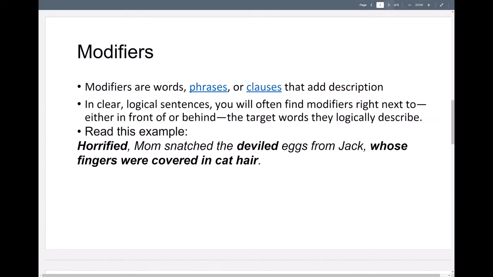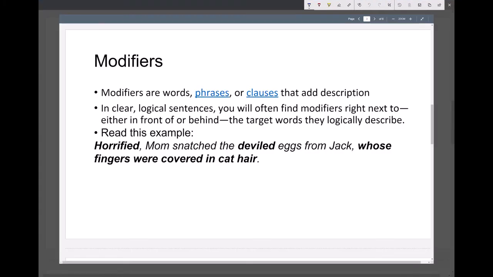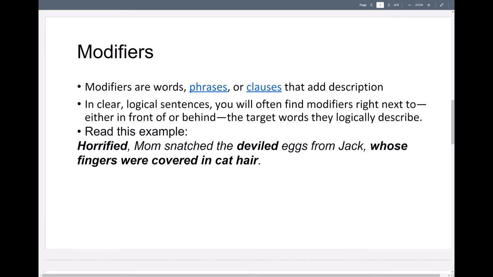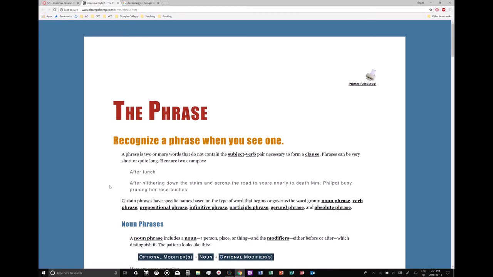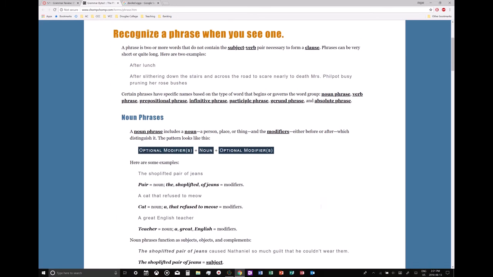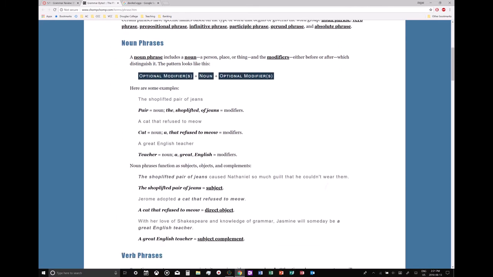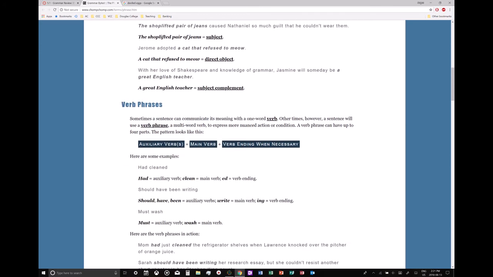To review, modifiers are words, phrases, and clauses that add description to a sentence. So if you're not sure what phrases and clauses are, you can click on these as well. I'll show you what the phrase is and the different types of phrases that you can put, so you can read this in your own time.